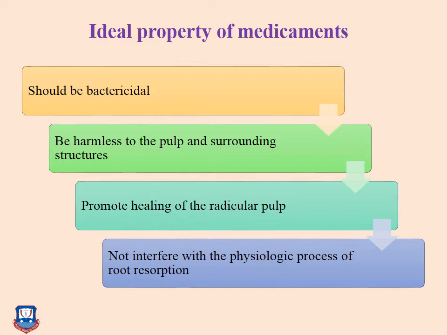So once you place the medicament on the amputated pulp, it should be harmless to the radicular pulp and the surrounding tooth structures. It should promote the healing of the radicular pulp, and it should not interfere with the physiological process of root resorption. So any medicament that you place on the tooth surface should not interfere with the physiological process of root resorption.